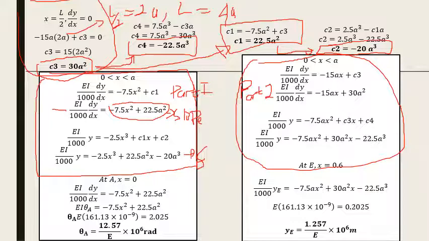Now the question asks to find the slope at A. This is the condition at A: x is equal to 0.